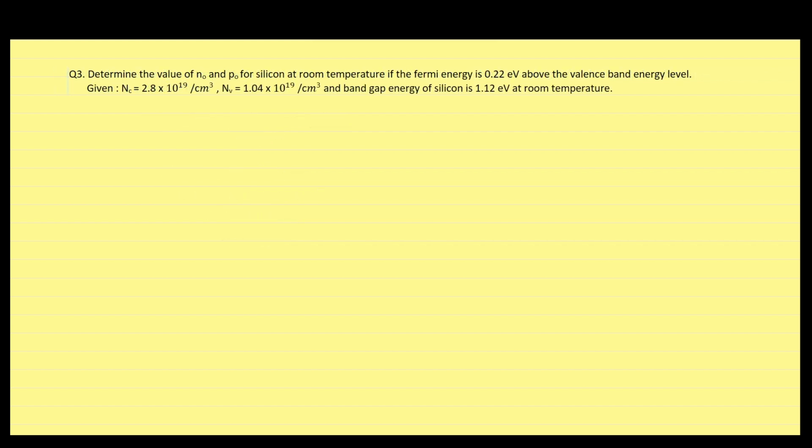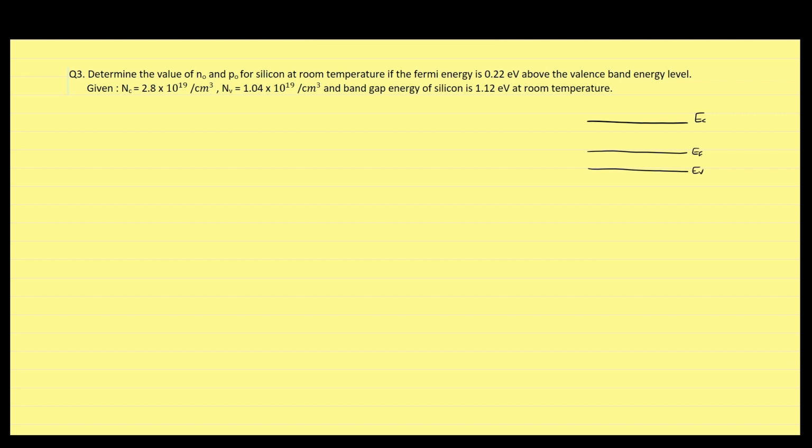Third question is, determine the value of n naught and p naught for silicon at room temperature if the Fermi energy is 0.22 electron volt above the valence band energy level. So we have EC, we have EF, and we have EV.